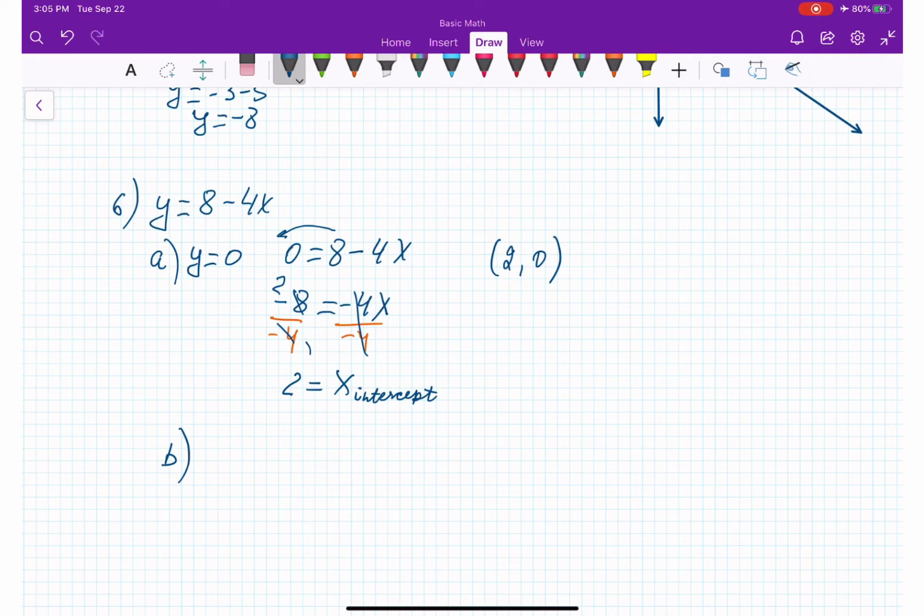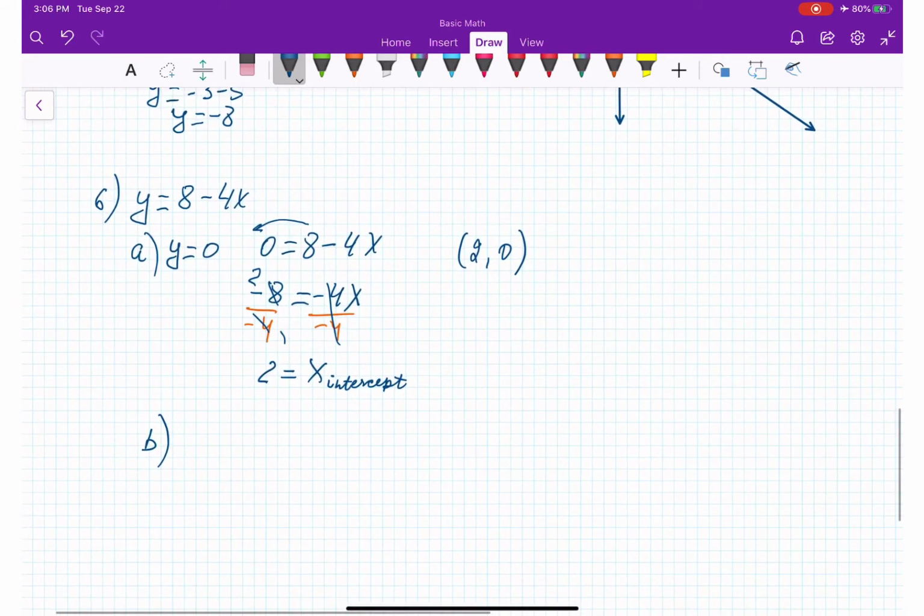We need to find the y-intercept. To find the y-intercept, where will we have it? It's right here on the y-axis, when x is equal to 0. Okay, this is x. So it's anywhere on the y-axis where x is equal to 0.